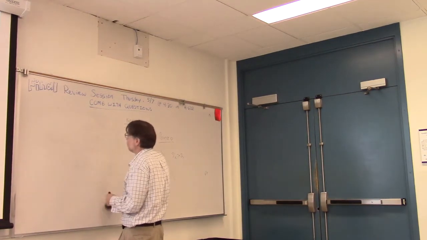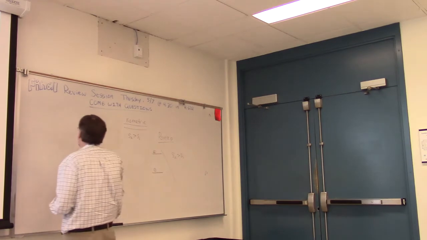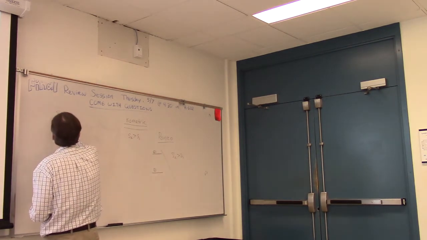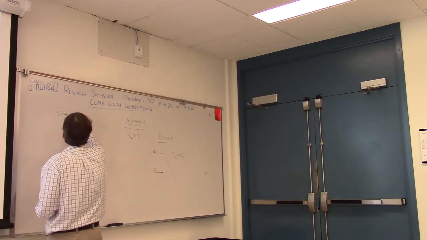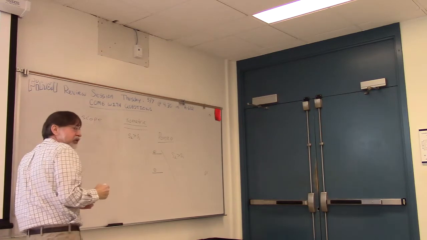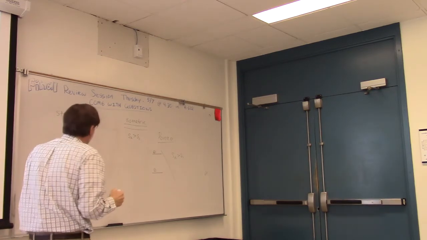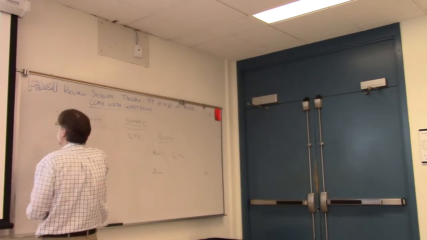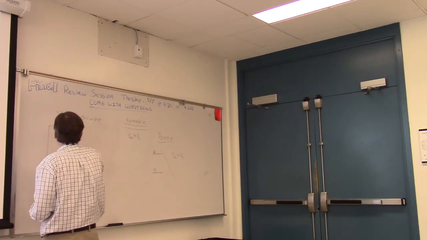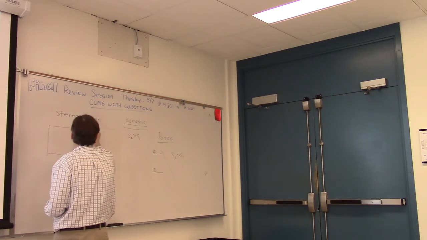So you have two different images of objects in the two eyes, so it's called stereo vision. And a stereoscope has two pictures, one for the right eye and one for the left eye. And we need to understand what goes on in these pictures.